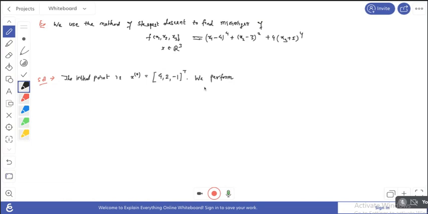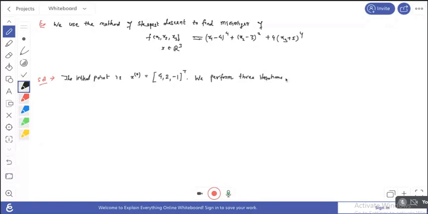Here we perform only 2 or 3 iterations. Suppose we take 3 iterations, I think with 3 iterations you will have some idea how to solve that type of problem.